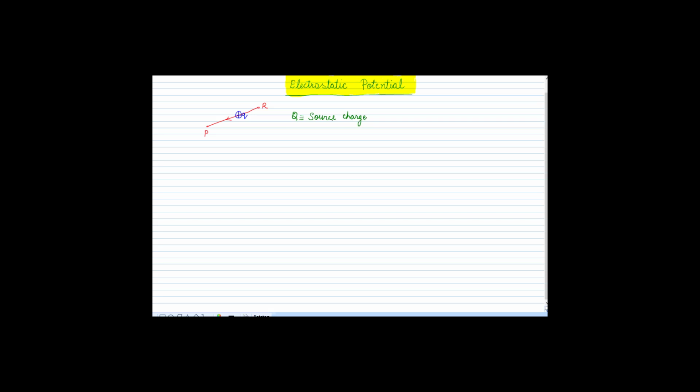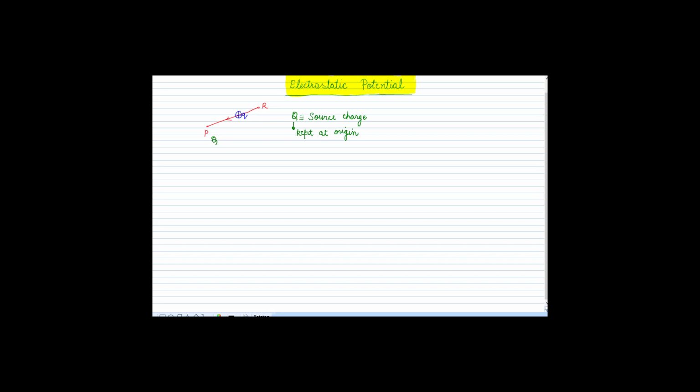This capital Q is the symbol for the source charge, and it is kept at the origin, the point 0, 0, 0, which is what we call the origin in the coordinate system. Say this origin is the point P, so at point P we are considering a source charge capital Q.